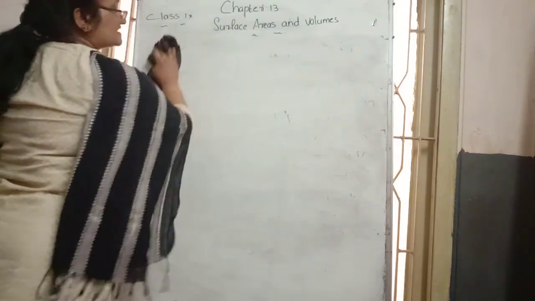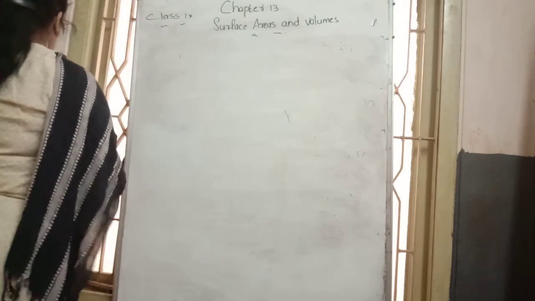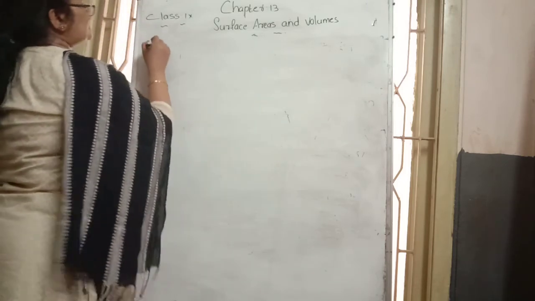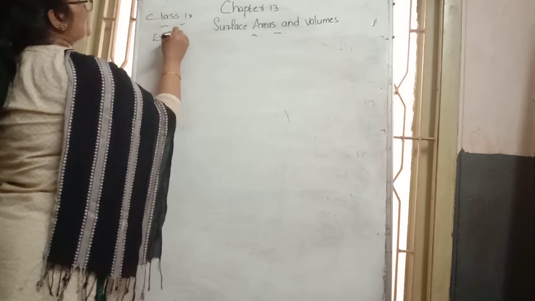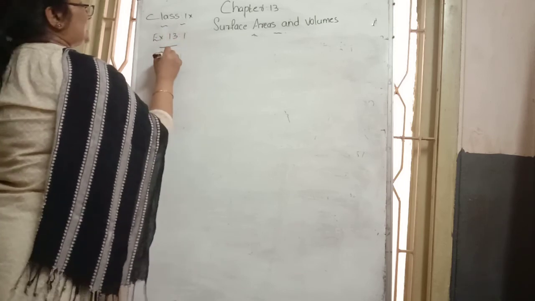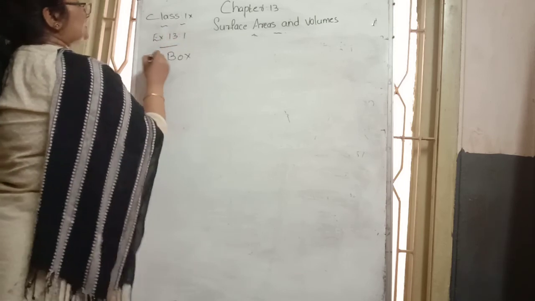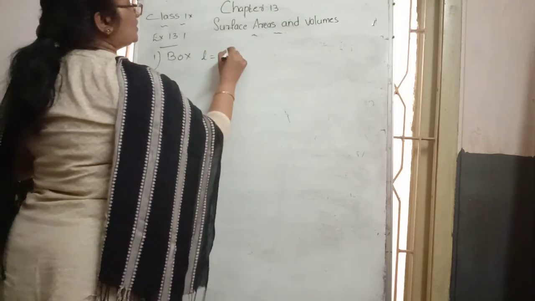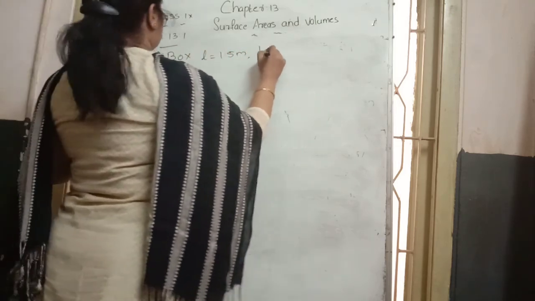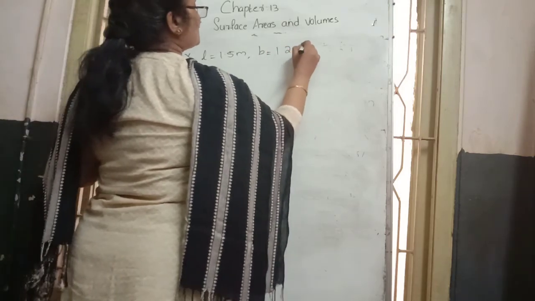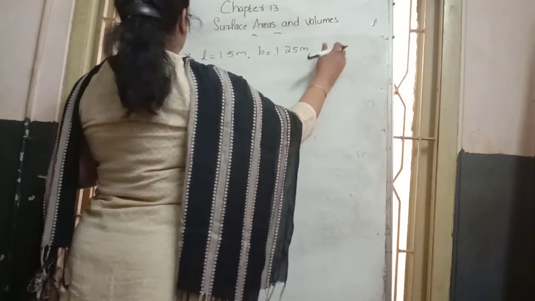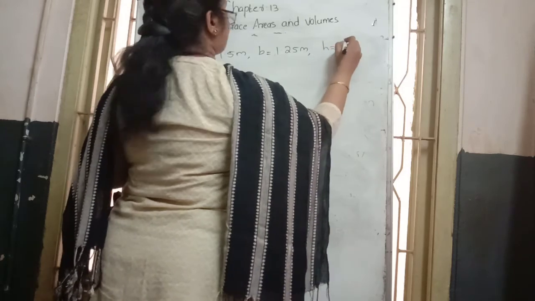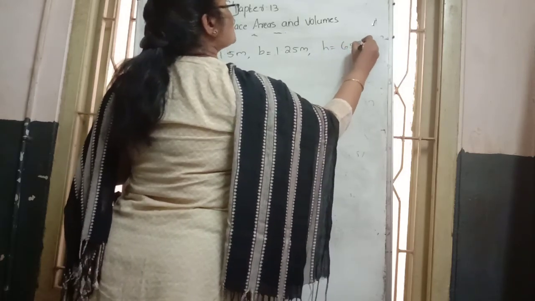The first question is from exercise 13.1. A plastic box is there. That plastic box's length is given as 1.5 meter, breadth is given as 1.25 meter, and depth, deep means height, is given as 65 centimeter.